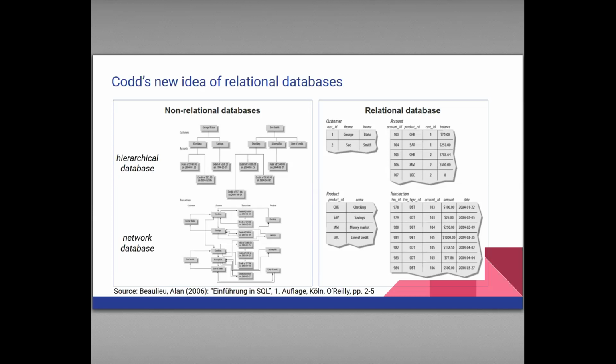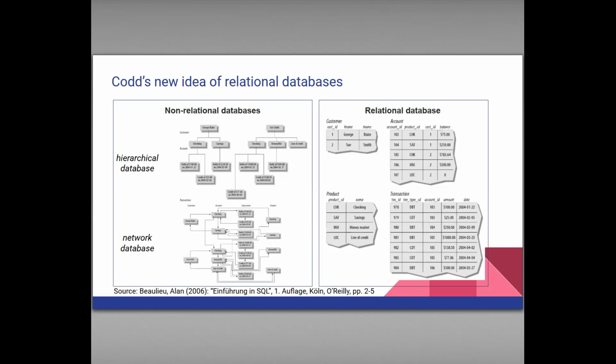The same data you can see on the left bottom in a network database. Again, customers, accounts, and transactions, but here you can also see the links between the two data sets, between the two customers, so to say. Both types of databases are still used nowadays, but they are regarded as quite inflexible.